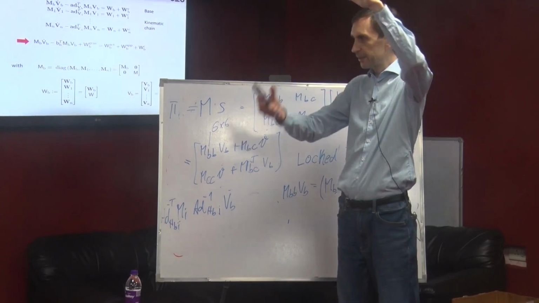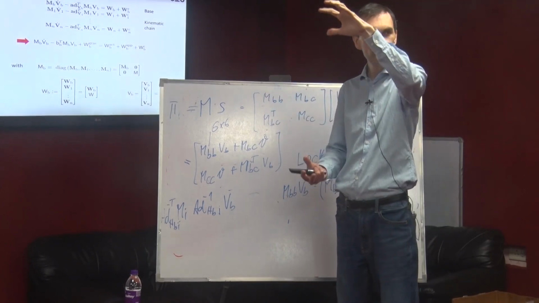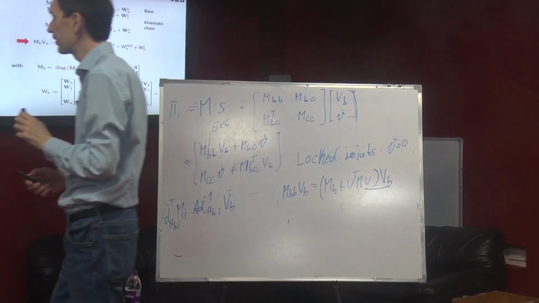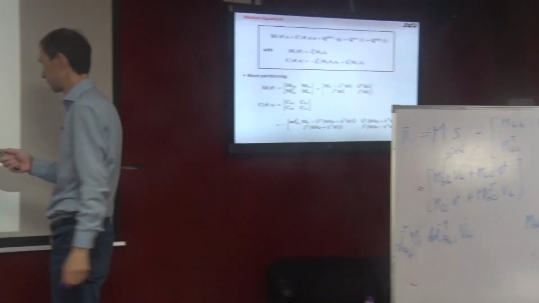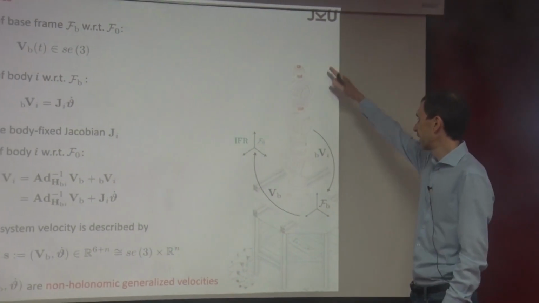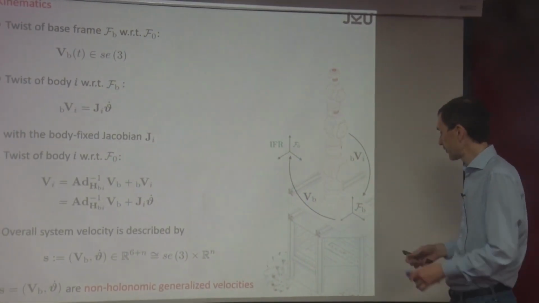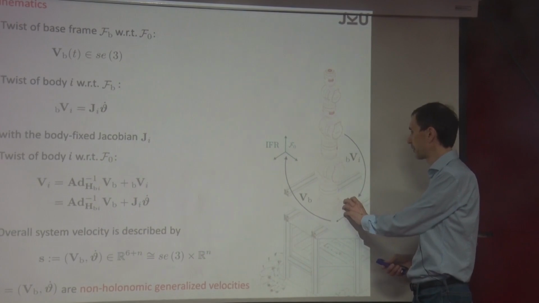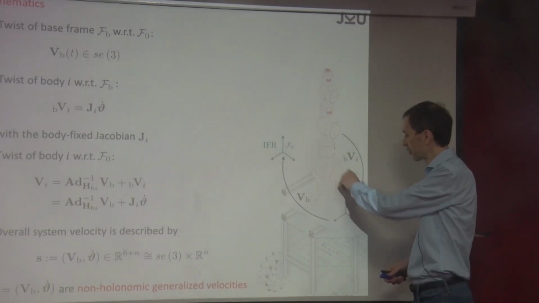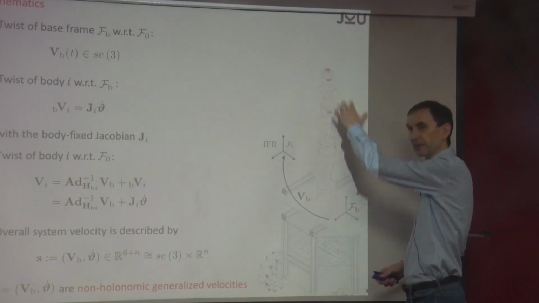Which is just a different way of saying, I have a big kinematic chain. All this thing is a big rigid body, and I'm accounting for the inertia of all these links. Because this is what I do: transforming the velocity to the link, taking the momentum here, transforming it back, and I do this for all these links.